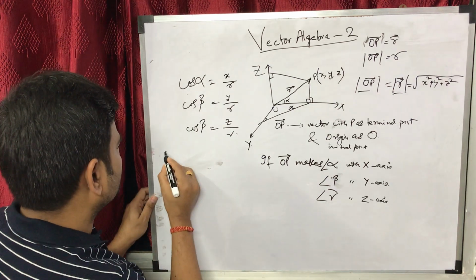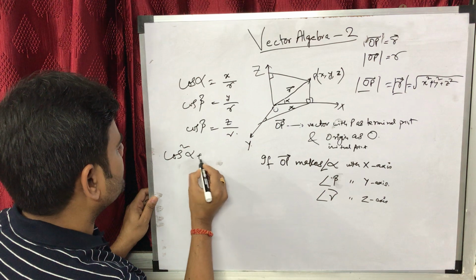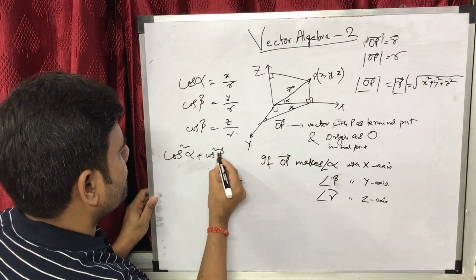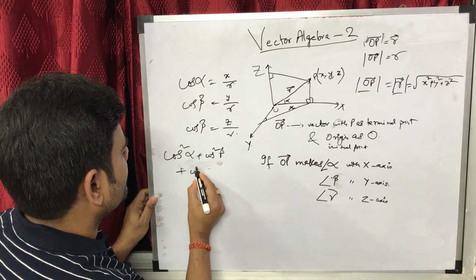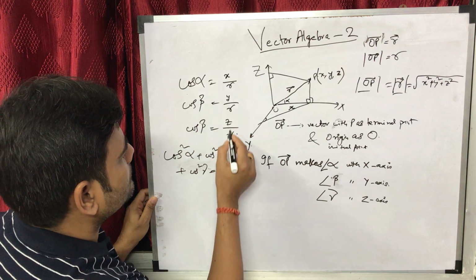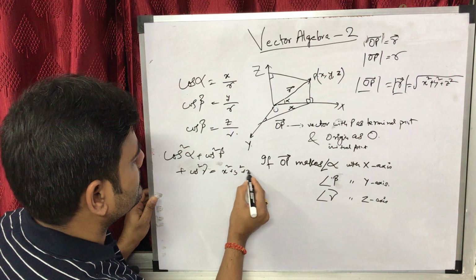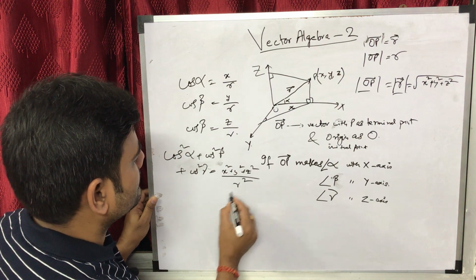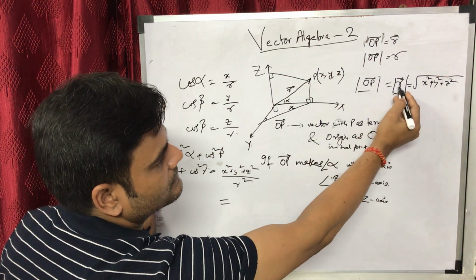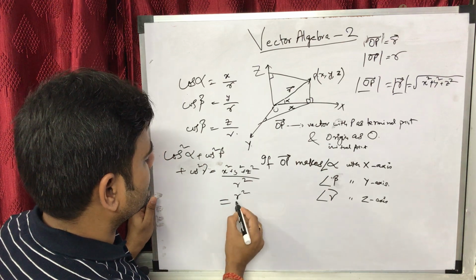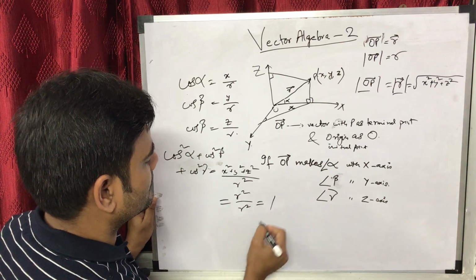So you know cos square alpha plus cos square beta plus cos square gamma is equal to x square plus y square plus z square by r square. x square plus y square plus z square is nothing but mod r square, which is r square, so the value is 1.